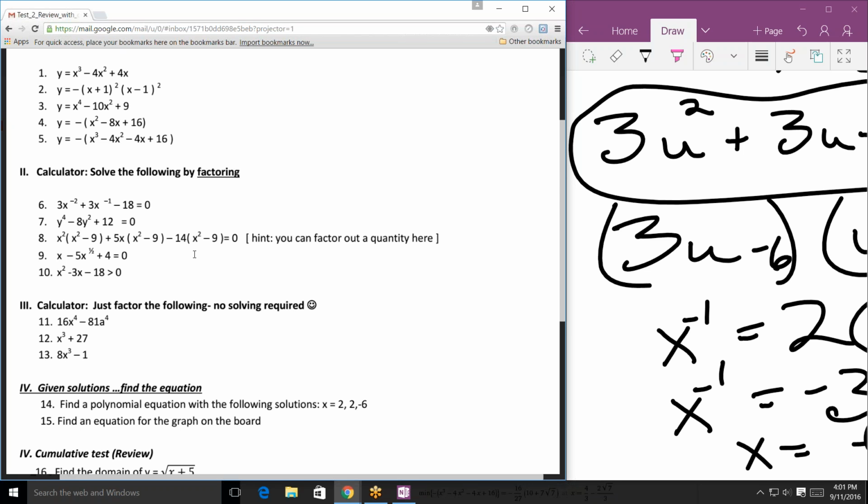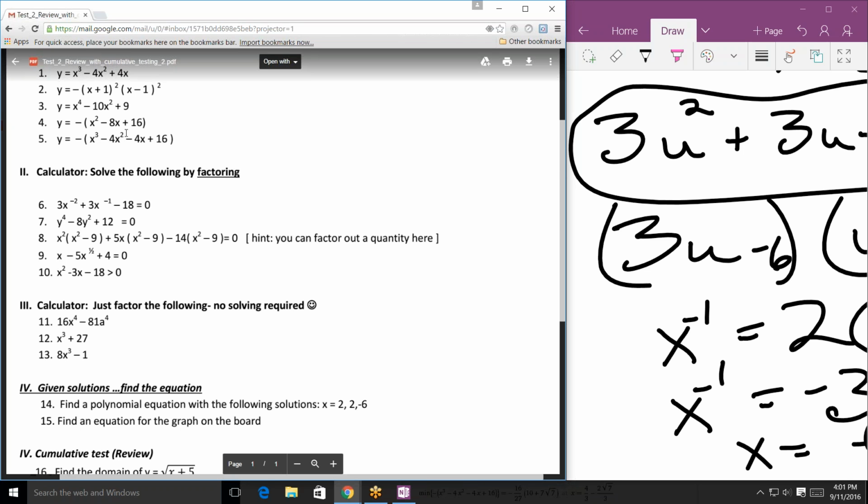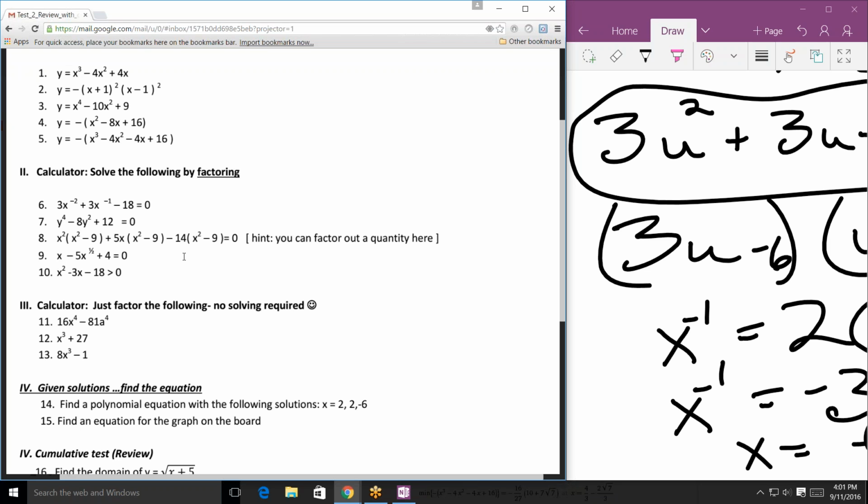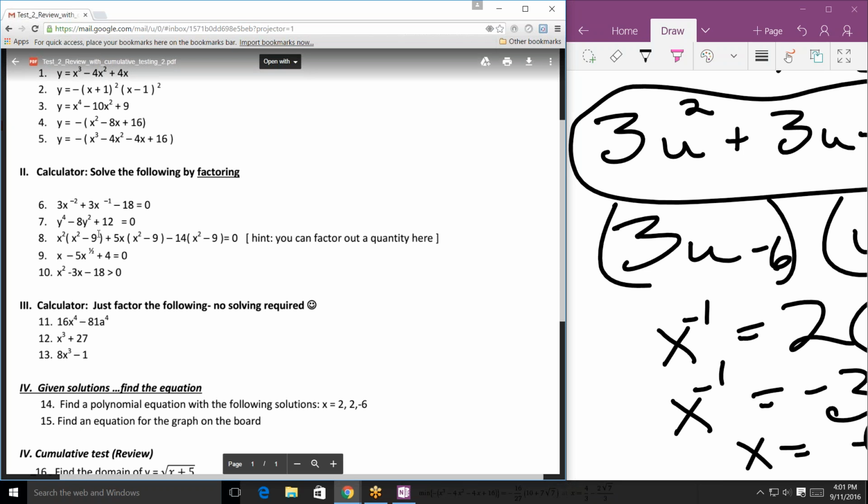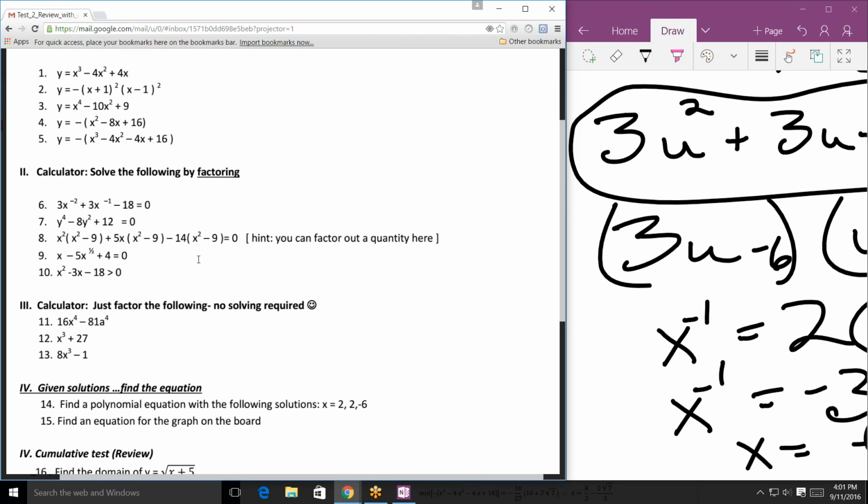In other words, you factor it out just like we factored out a binomial on number 5. And then, of course, x squared minus 9 factors, and x squared plus 5x minus 14 factors. So you're going to end up with 4 different factors. So there are 4 solutions to number 8.